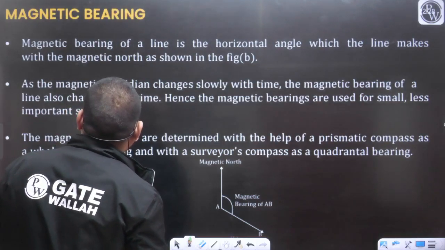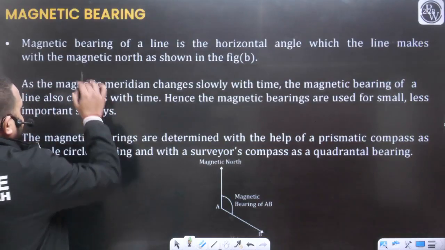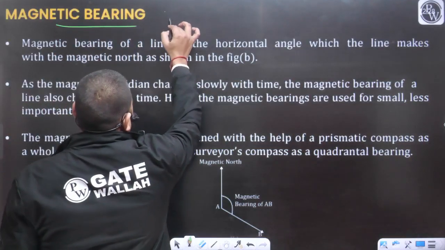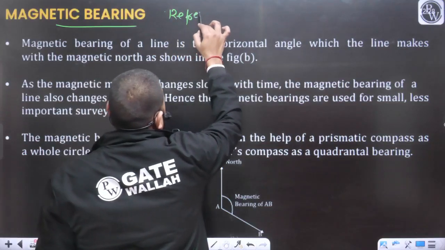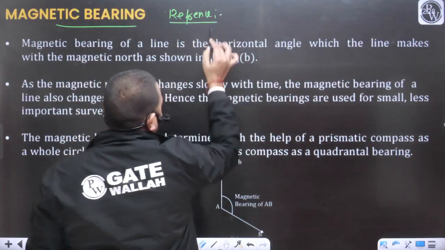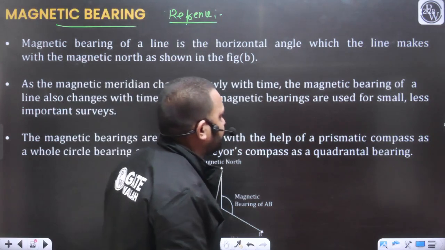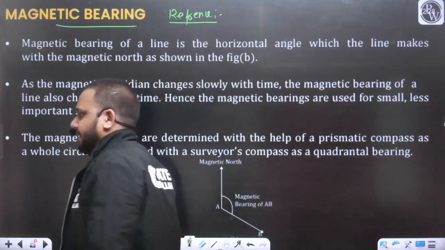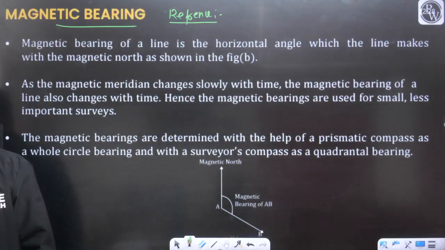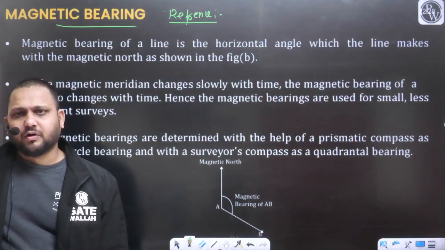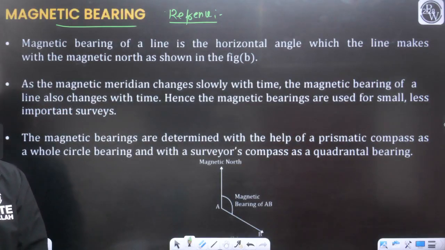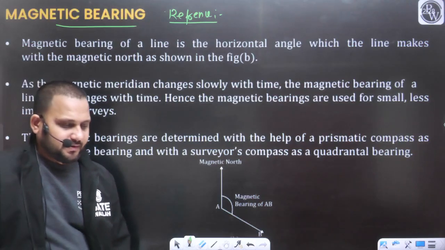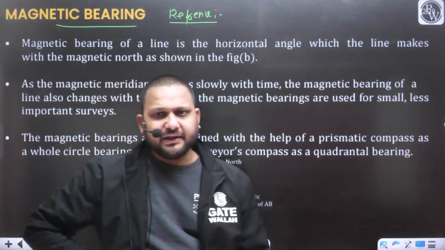Now we have also discussed the magnetic bearing. For the magnetic bearing, the reference will be, tell me in the chat box. WCB is also called azimuth. Yes, you can say that if you are measuring the bearing in the WCB system.